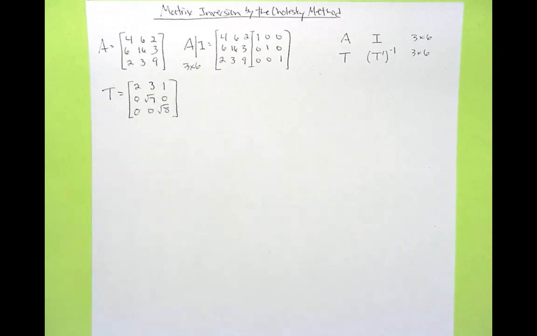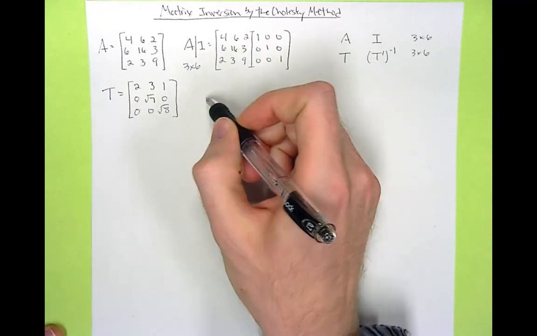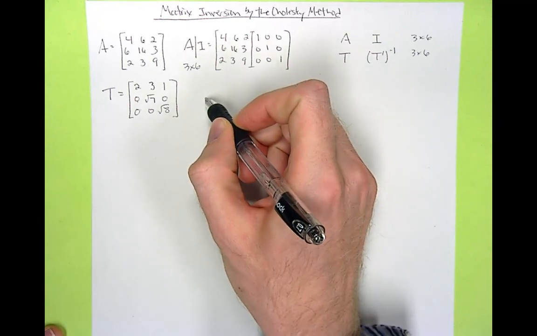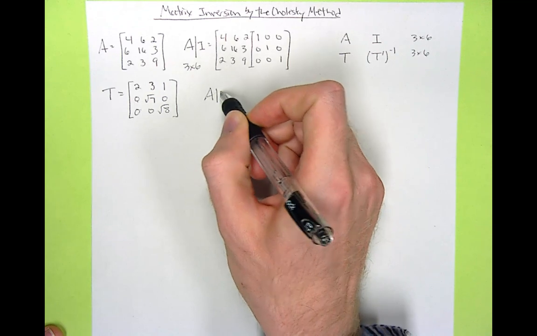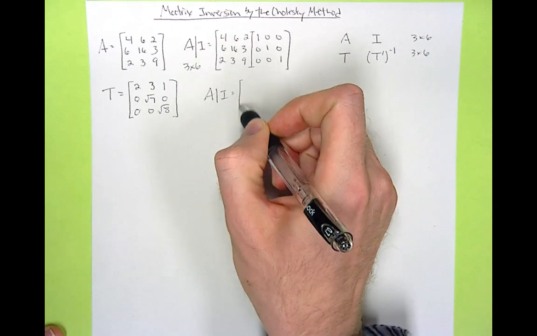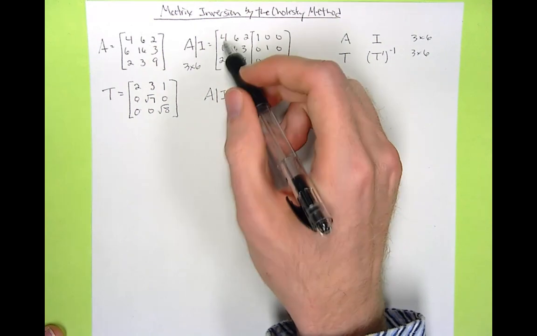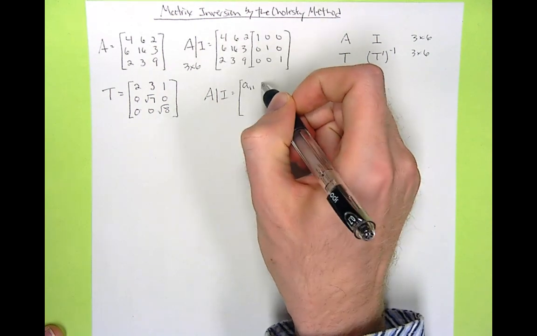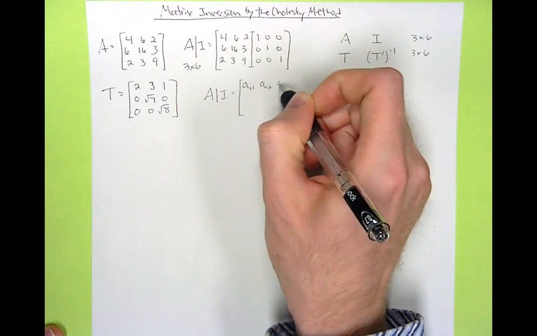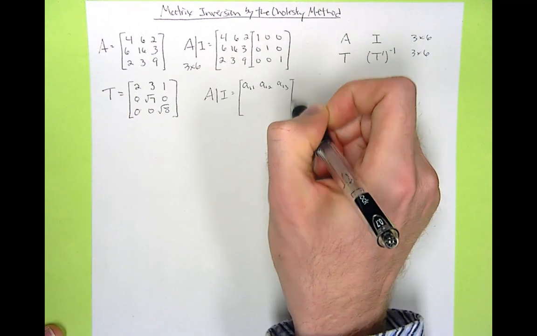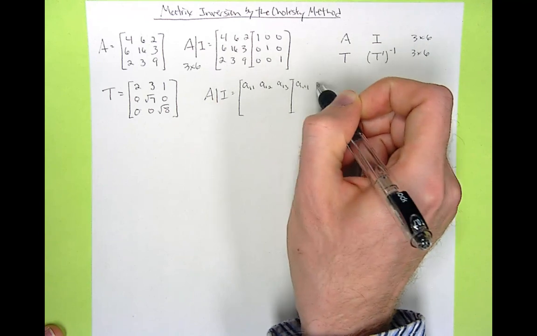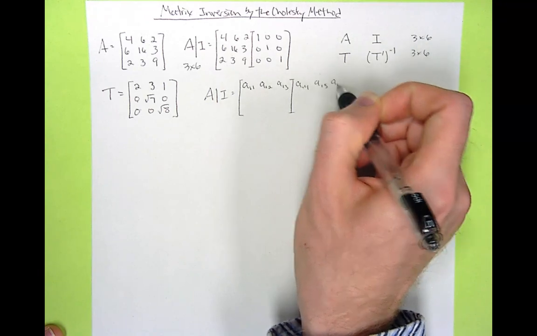So what I'm going to do, just for a reference to make things easier as far as understanding this video, is write out notations for these values. In the adjoined matrix of A and I, this first one is A11, then we have A12, A13, A14, A15, A16.